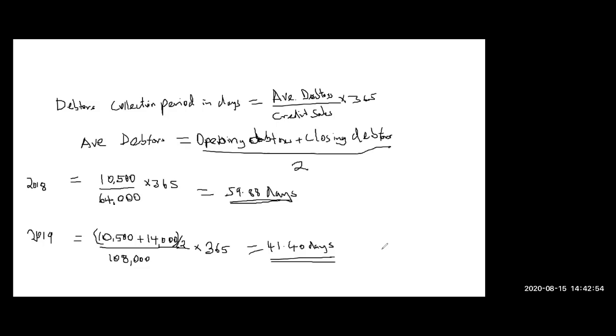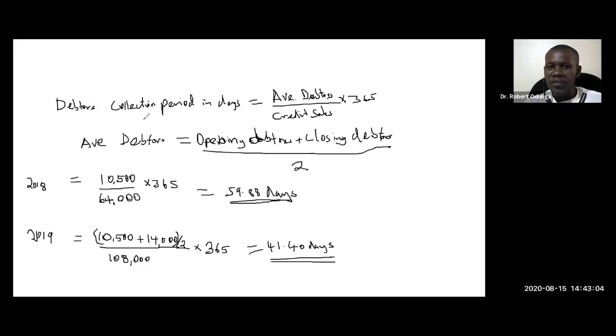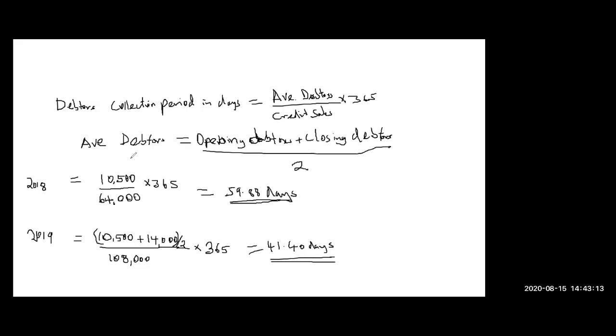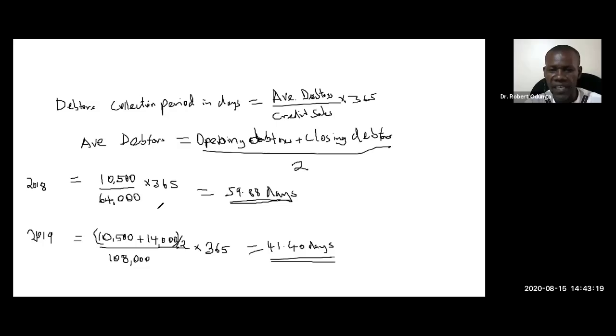So this is what you needed to give for part C of the question. And I hope it's clear enough. The issue is, are you able to identify the right formula for the ratio you intend to compute? And then the next question is, do you get the right figures from the statements provided?